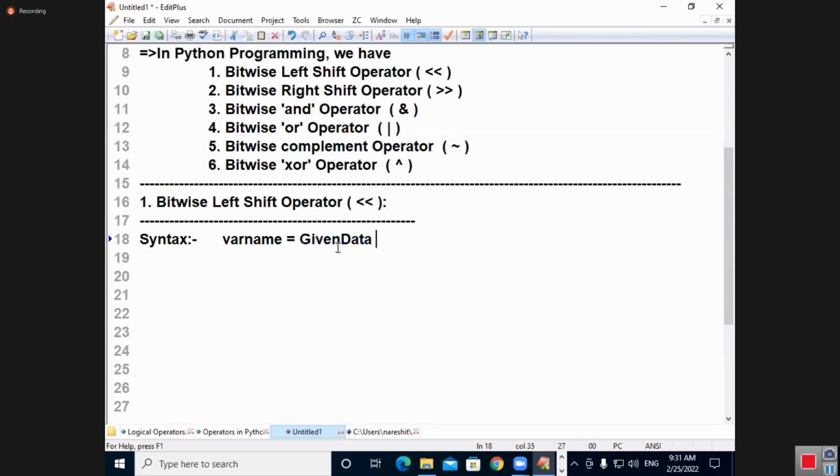I am writing the left shift operator, called left shift, then the number of bits to shift. Are you getting my point? Yes. Number of bits to shift.